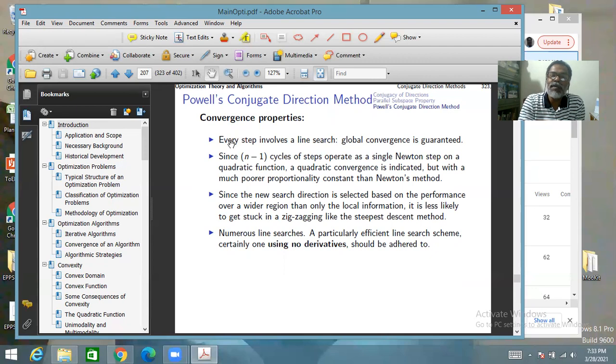So the convergence properties: every step involves a line search along a descent direction. So global convergence is guaranteed. Now, n-1 cycles of line searches will be roughly equivalent to a single Newton step.